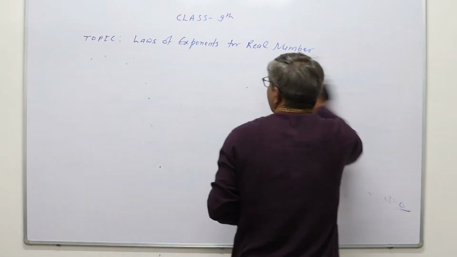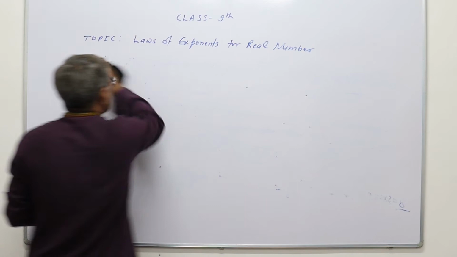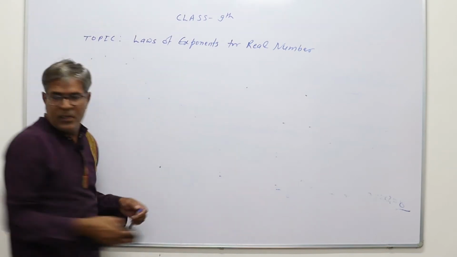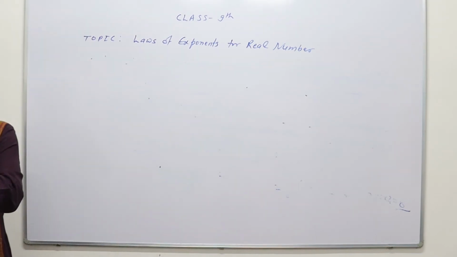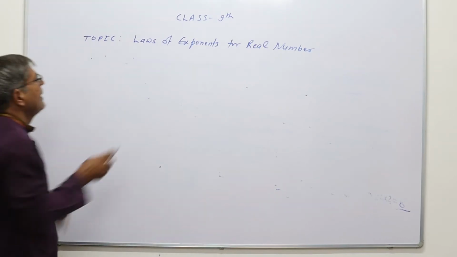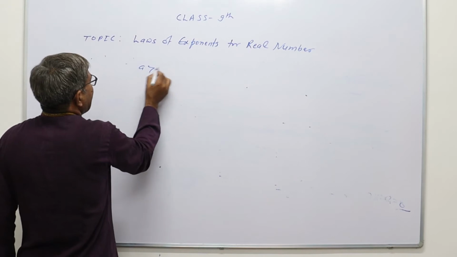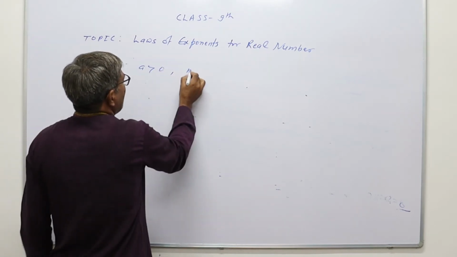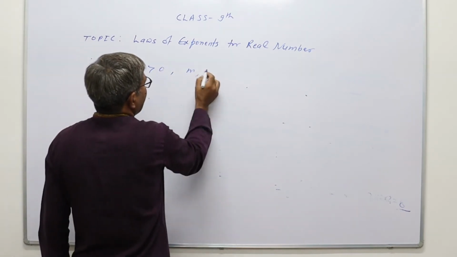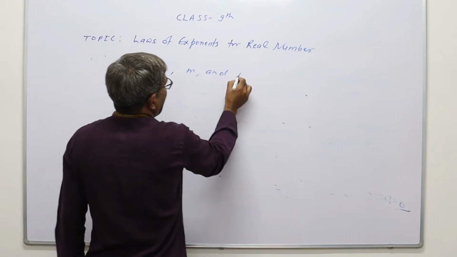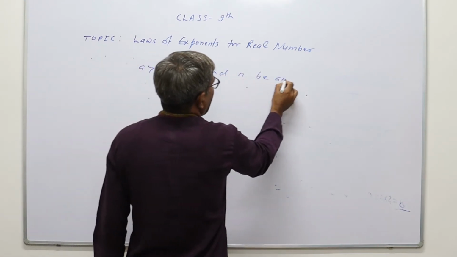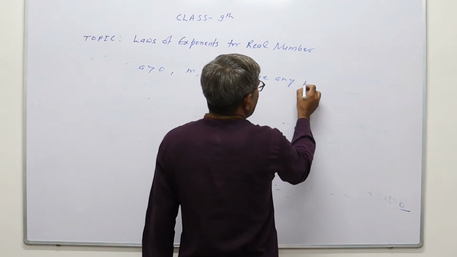Now the third case, the laws of exponent. Laws of exponent means, let a be any real number greater than 0, m and n be any integers.